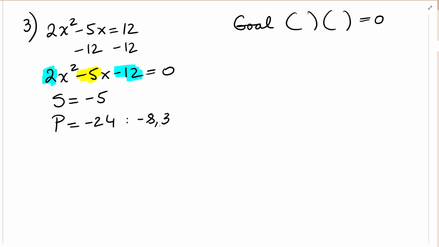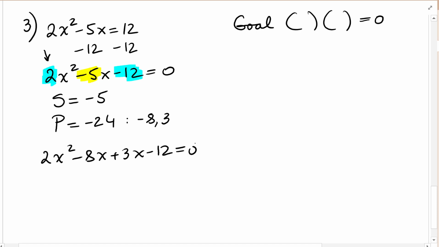So because the leading coefficient is not 1, what we're going to do is 2x squared minus 8x plus 3x minus 12 equals 0. Basically what we did was rewrite negative 5x using these two numbers, right? If we add them we get negative 5x.